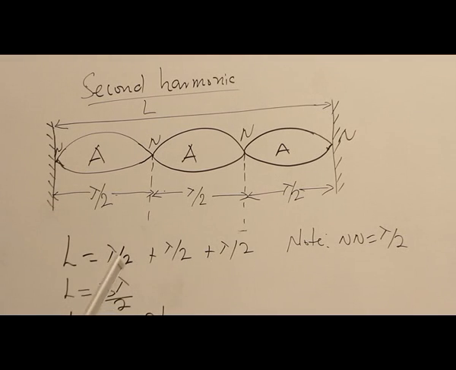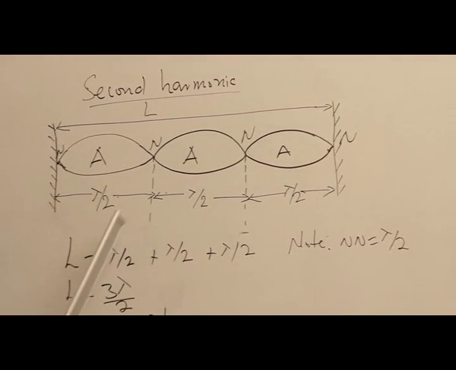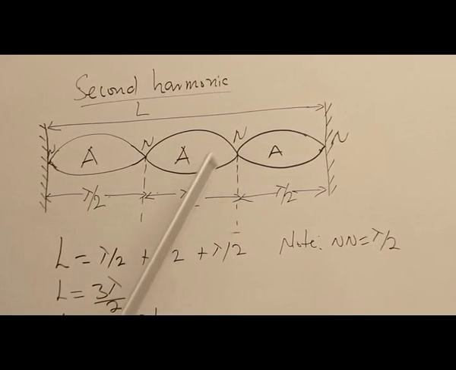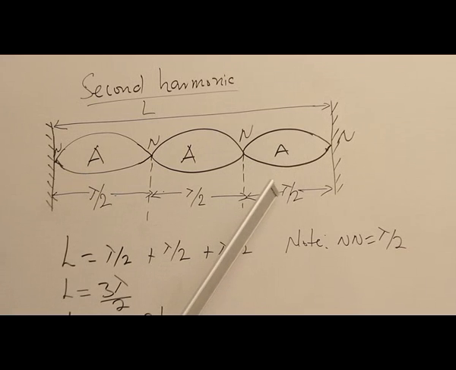Take note, NN is lambda over 2. So the distance now will be NN, which is lambda over 2, NN, another lambda over 2, NN, another lambda over 2. And from here to here, don't forget, is the length of the wire.